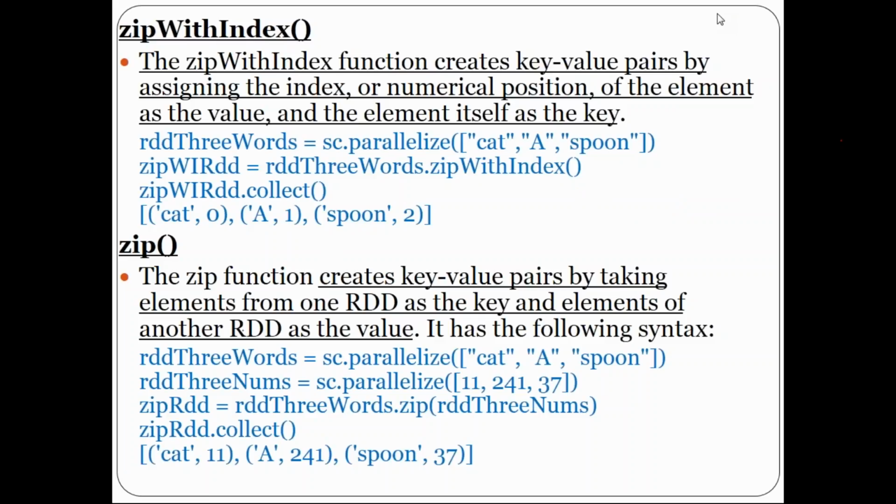You can put anything, sir. That doesn't matter. No, for zip, instead of cat and spoon, you can also put 1, 2, 3, 4, 5, 6. You can put anything. Anything can be converted, anything can be linked as key and value with zip function. It creates a key, whatever it is, whatever you have, I don't mind.